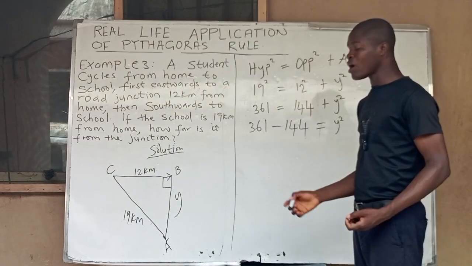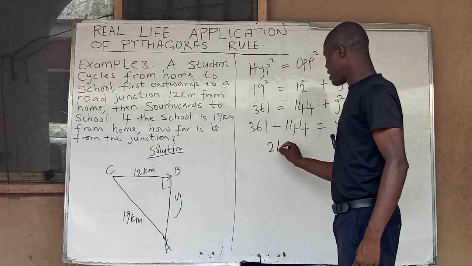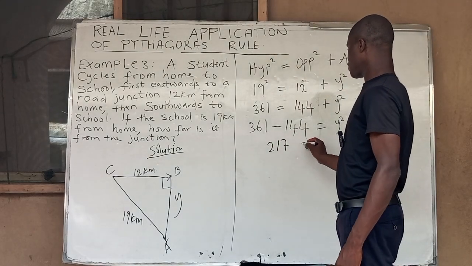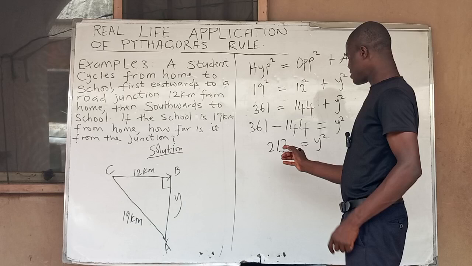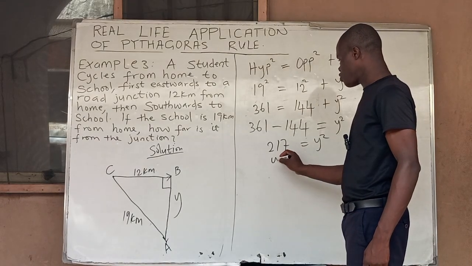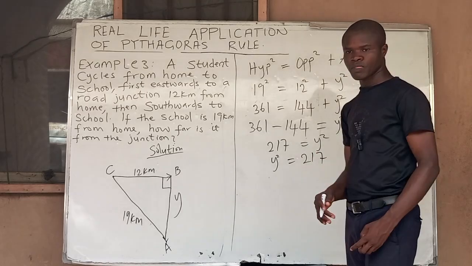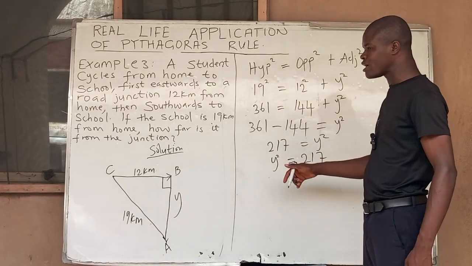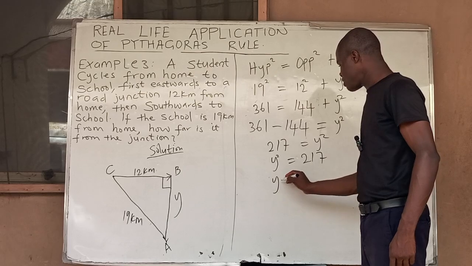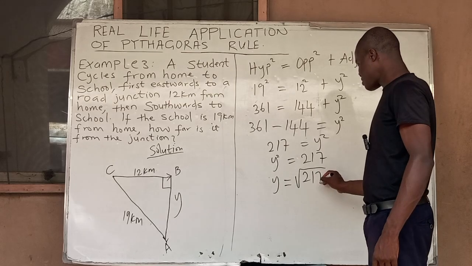So 361 minus 144 will give us 217 is equal to y squared. So I can rewrite it to be y squared is equal to 217. So the next thing to do is to take the square root of both sides because I want my y to be alone. So y is equal to the square root of 217.